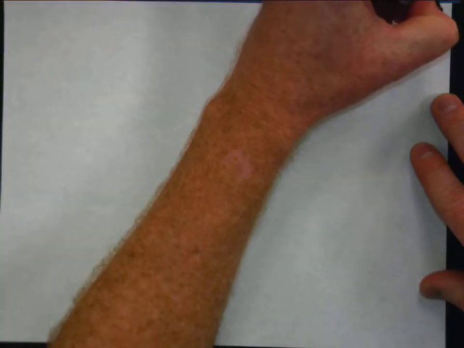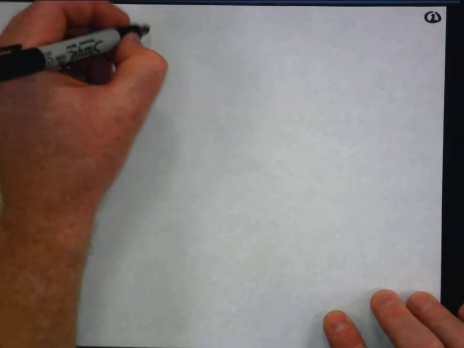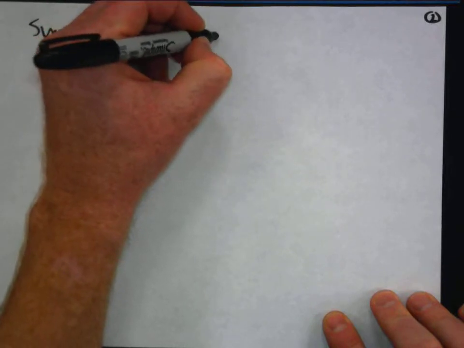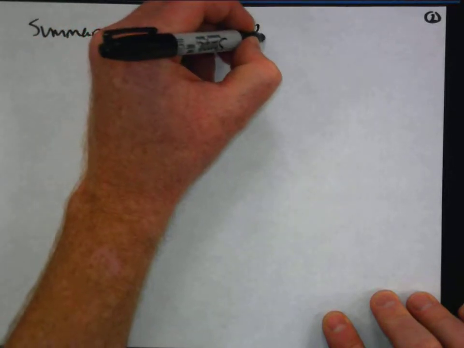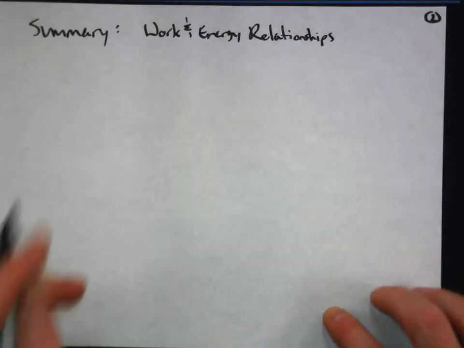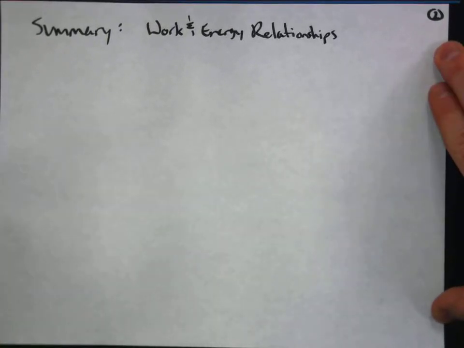Quick summary for you. Page 2. Summary of these things that are sort of work and energy relationships. And these relationships between work and energy become useful for us when we're trying to analyze situations and solve problems.